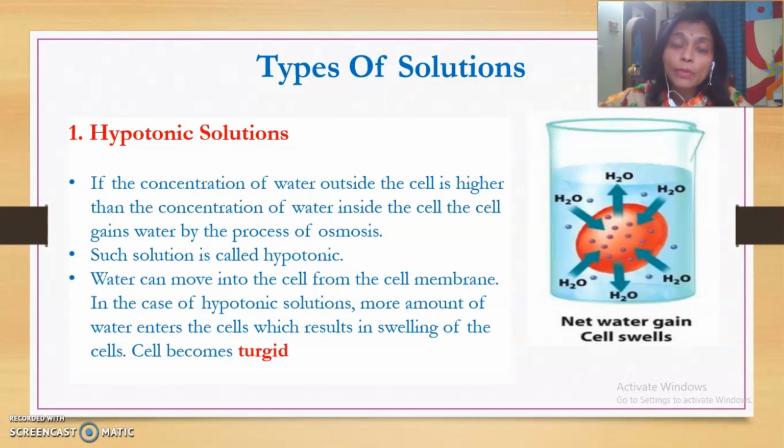The best example for this is if you put raisins in water, you find that the raisins swell up. This is again because of the process of osmosis. The water moves from higher concentration to lower concentration which was inside the raisin or the cell. As a result of which the cell becomes swelled up or it becomes turgid.